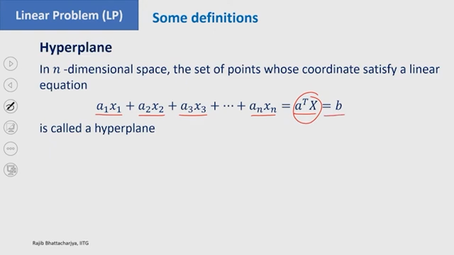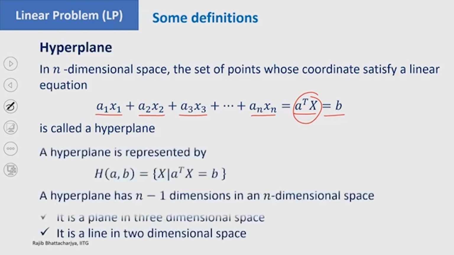If these points satisfy this particular equation, then we will call it a hyperplane. A hyperplane is represented by H A B, which is A transpose x equal to b.